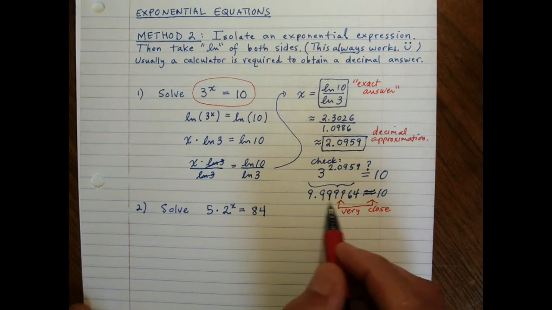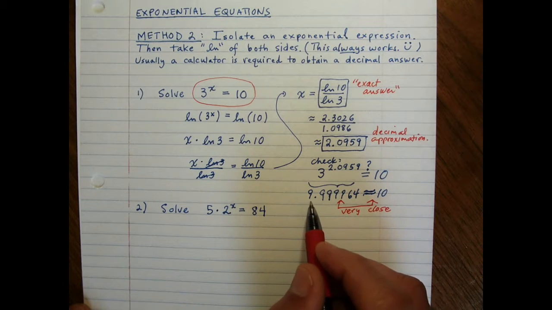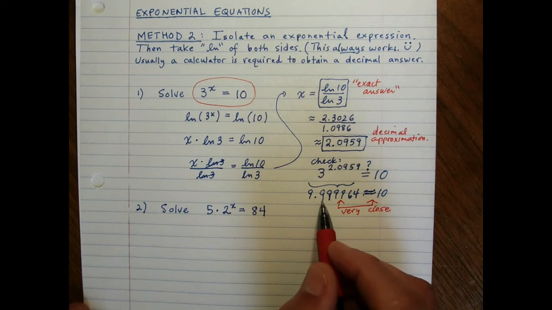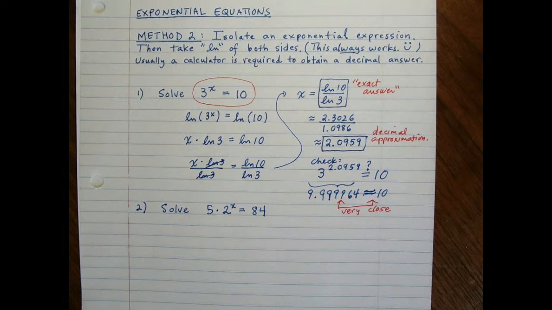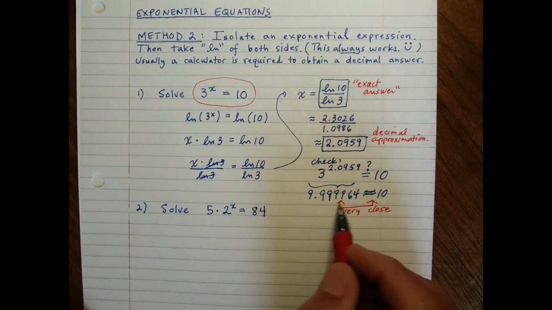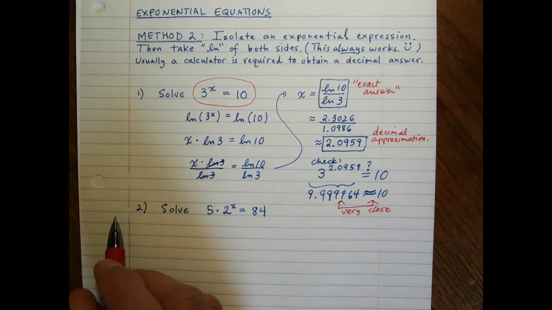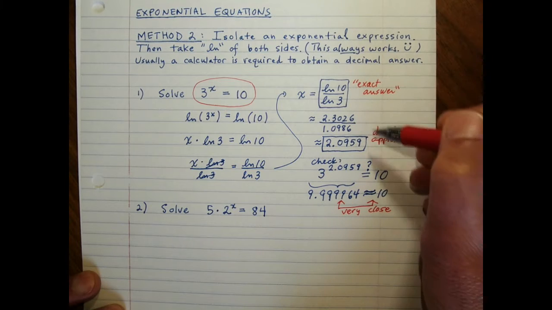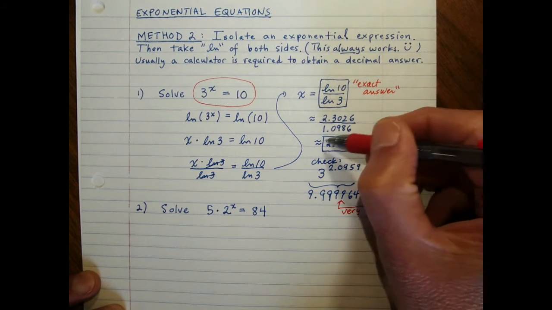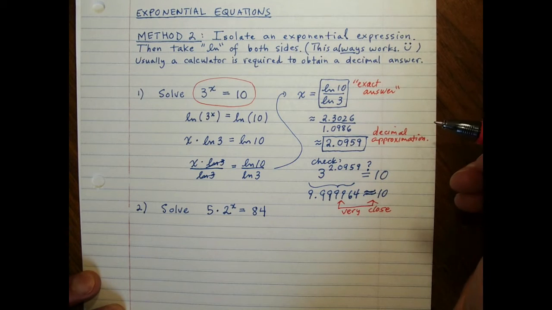But still, I think it's good to see that I'm doing the right thing if I'm getting 9.999999964. That is so incredibly close to 10. For all practical purposes, there's almost no distinction there. And so we got to write the exact answer in one box, and we got to write the decimal approximation, which kind of brings it to life a little bit, in another.